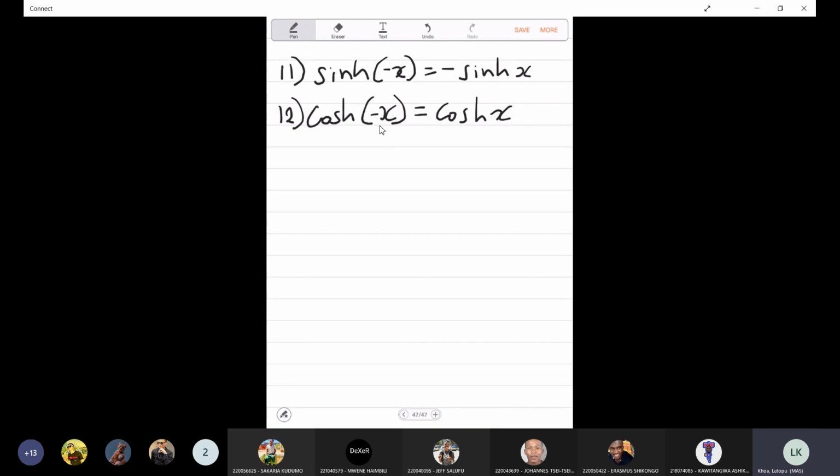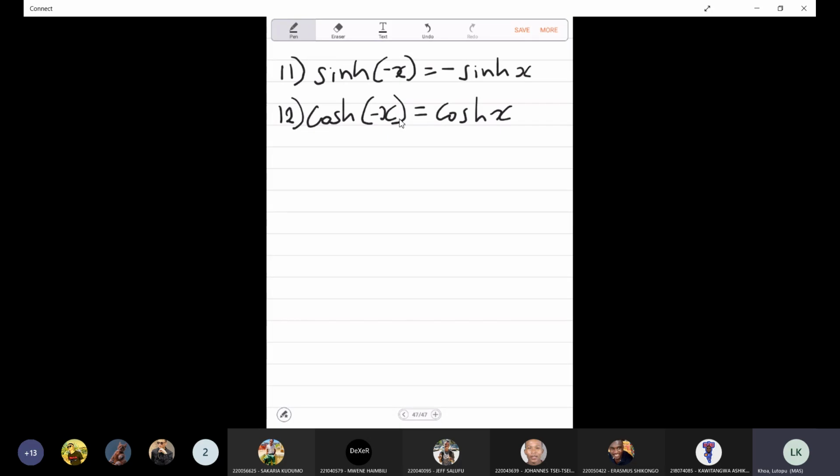There are some functions, besides these ones, that are odd or even. For example, x squared. X squared is an even function because if I say 1 squared, my answer is 1. Negative 1 squared, the answer is still 1. So whether I put in a negative or positive of that number, the answer is the same. That is what we call an even function.